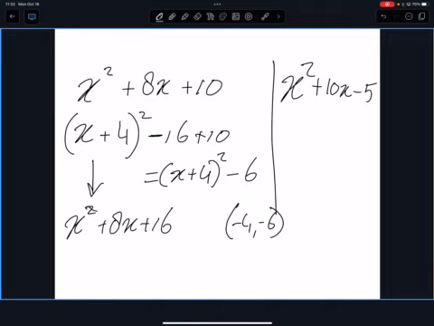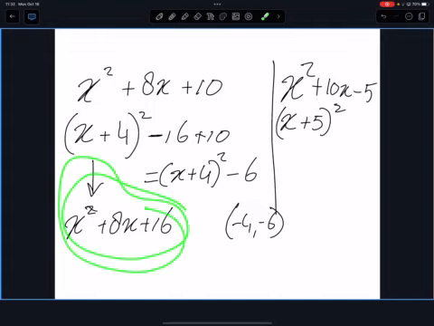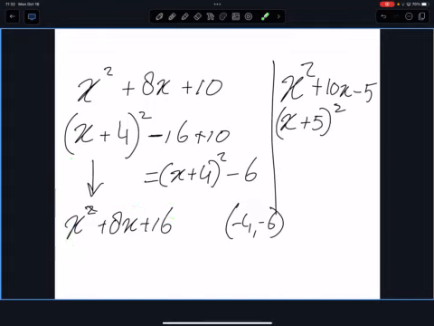So, x squared plus 10x minus 5. All right, so what do I need to do? Half of 10 is 5, squared. Remember, you do not have to write this. This is in your mind. So that is x squared plus 10x plus 25.